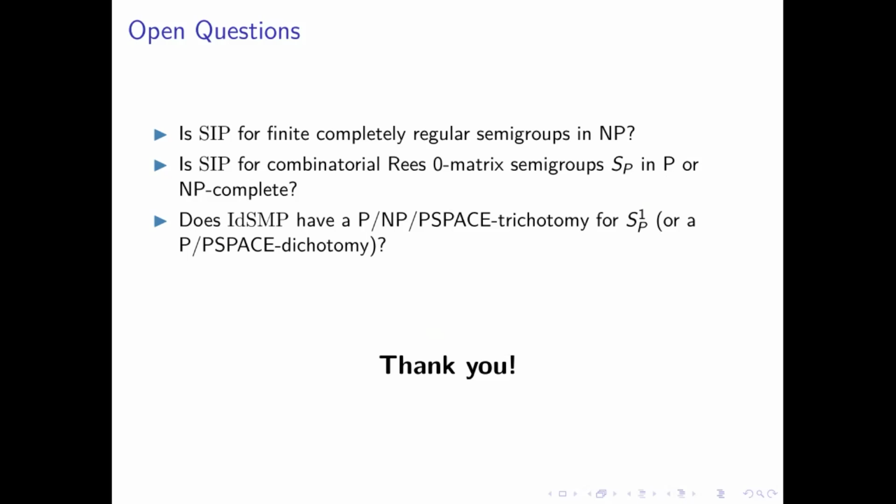The next question is: is SIP for combinatorial Rees matrix semigroups in P or NP-complete? And finally, does the idempotent target subpower membership problem have a trichotomy, just like SMP and SIP, or maybe a PSPACE dichotomy? We know there are some instances where it's PSPACE-hard, but we are not sure if it has a nice trichotomy or dichotomy.